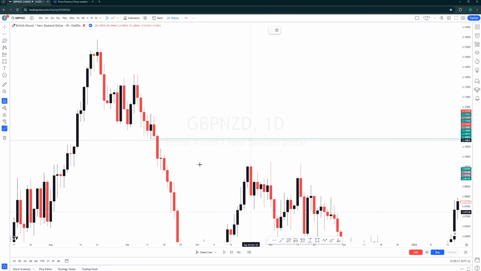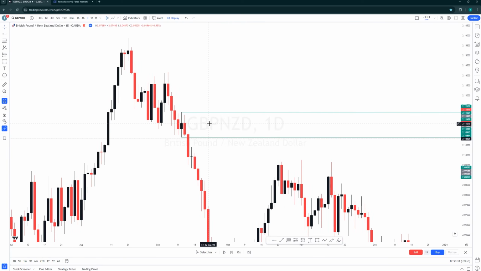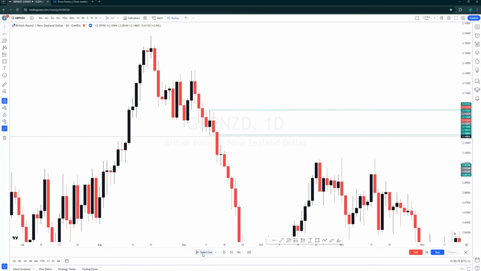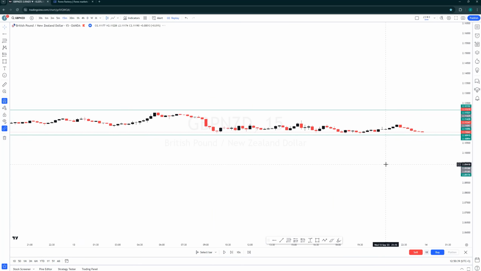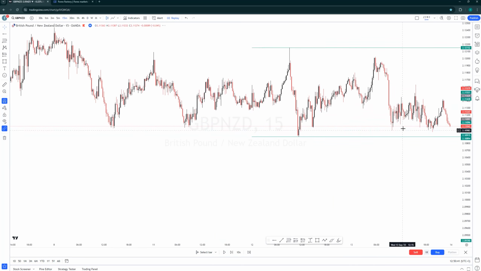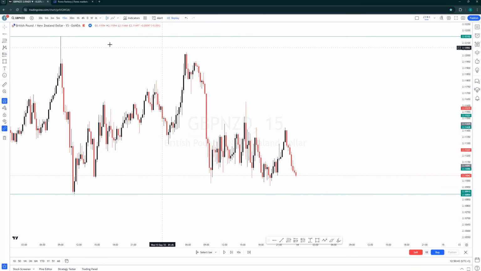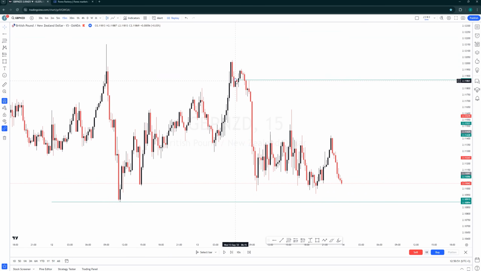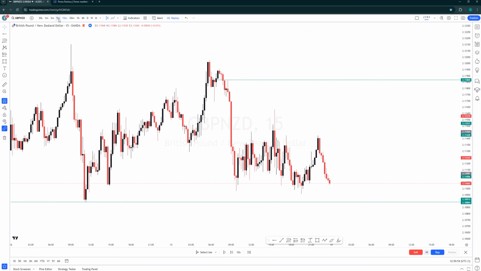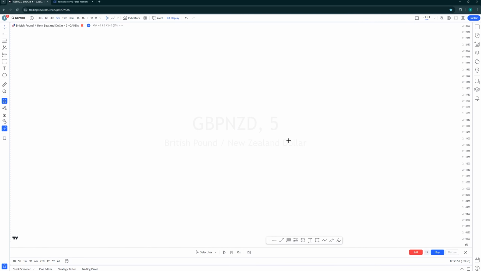Let's go back maybe to 15 minutes, and in this 15 minutes you can see inside this structure you have this formation here, which is already confirmed, but the liquidity engineering is not yet confirmed. So we'll try to refine it again, maybe to the 5 minute time frame.